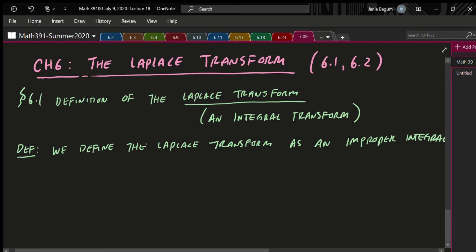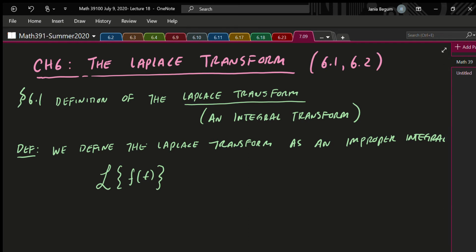So the Laplace transform of a function f of t, this is the notation. This curly L indicates we're talking about the Laplace transform. It's a very special L, it's not just writing L like that, okay? You have to write it with passion.